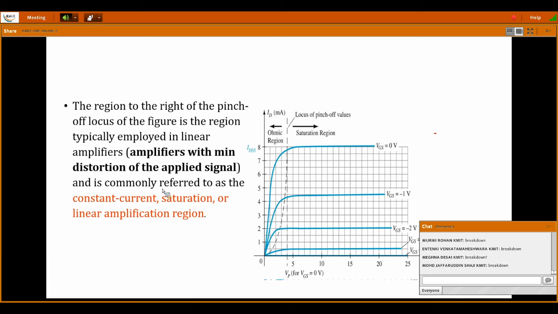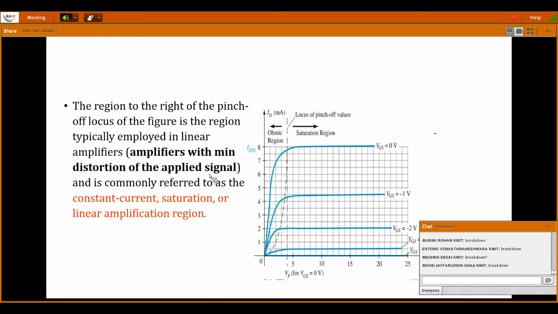The region to the right of the pinch off locus of the figure is the region typically employed in linear amplifiers, amplifiers with minimum distortion of the applied signal, and is commonly referred to as the constant current or saturation or linear amplification region. Remember that when a FET is used as an amplifier, it is operated in the saturation region, same as our BJT.